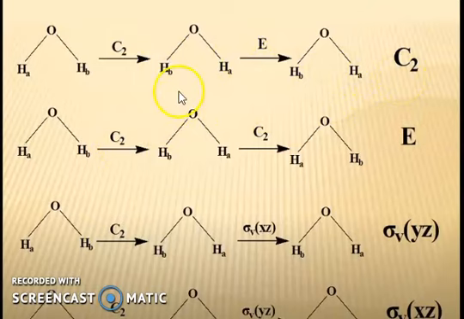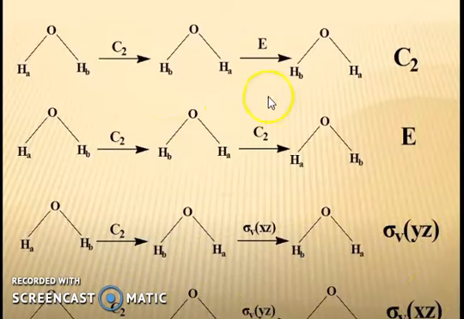Then C2 into C2: the C2 operation again moves back to the first geometry, that is E. Then C2 into sigma V xz: C2 interchanges HA and HB, then sigma V xz gives HB here and HA here. We have to notice that rotation into reflection gives a reflection operation, so the answer is sigma V yz. Then C2 into sigma V yz gives sigma V xz.